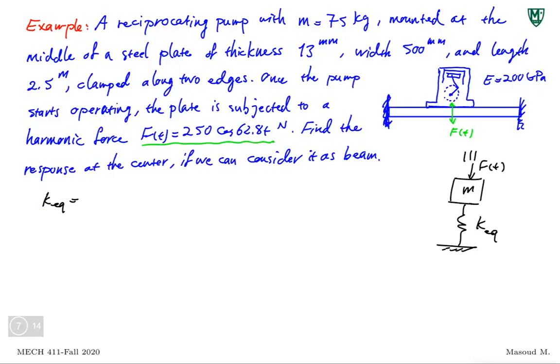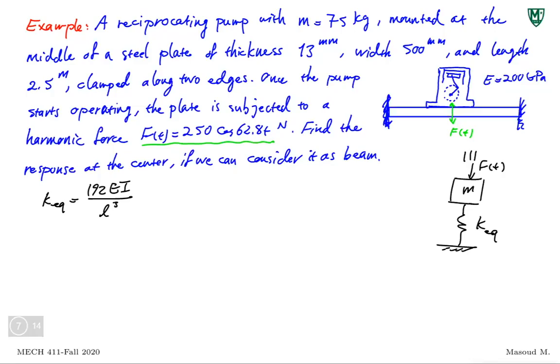it's a clamped beam, and we're finding a displacement in the middle, or we are interested in this deformation in the middle when the force is applied in the middle. If you go back to when we talked about stiffness, that's one of the cases we talked about. We said the equivalent stiffness would be 192 EI over L to the 3. I have to find a couple of things.